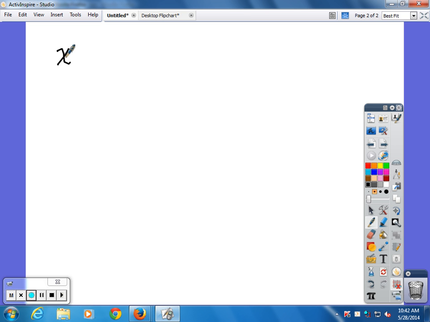x to the 6th minus y to the 6th. You need to put this in your notes because algebra teachers love to put this problem on the test. The reason is you can do it by shortcut number 3, or you can do it by shortcut number 5. That's right, class. You can do either one. How do you know that?